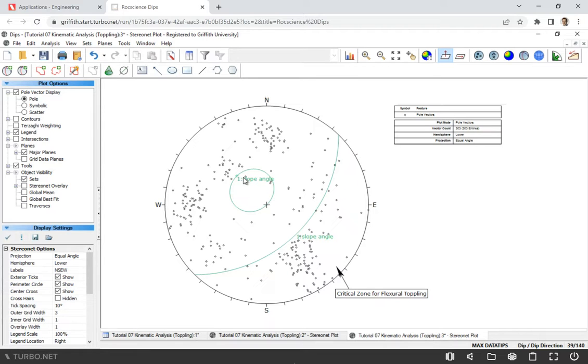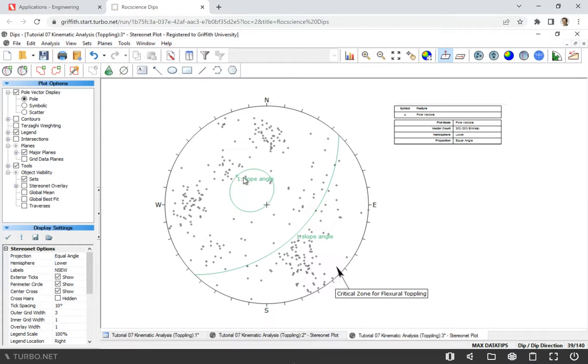In this case, due to gravity, planes will tend to slide downward. So we need to look at the discontinuities that have a dip angle greater than the friction angle between the planes.